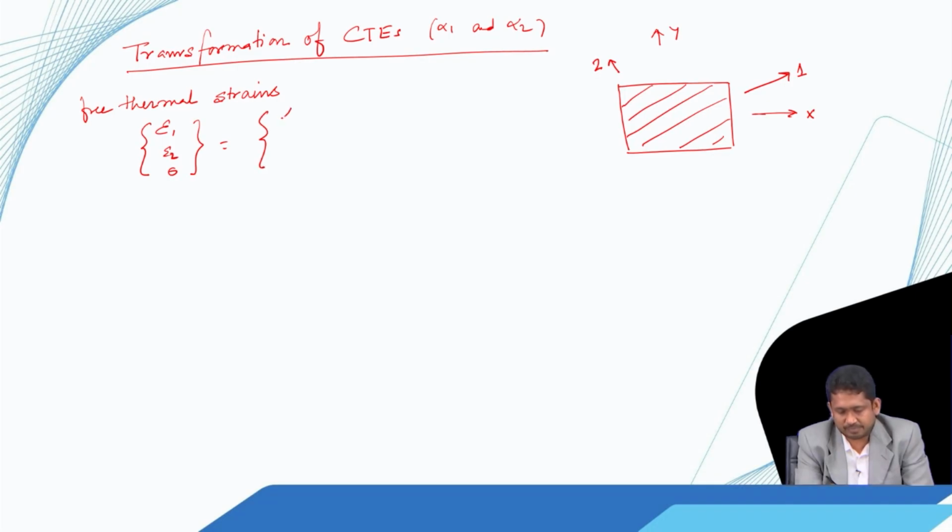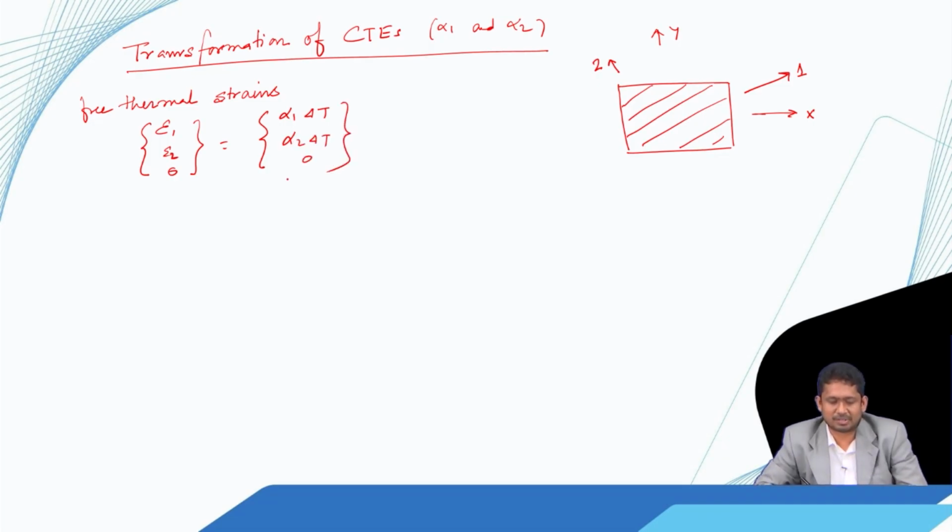So, it is just alpha 1 multiplied by delta T and alpha 2 multiplied by delta T. These are all normal strains. If I just multiply alpha 1 with delta T, I get the normal strain along direction 1. If I multiply by alpha 2 into delta T, I get strain along direction 2, but we do not get anything in shear. But when we transform this, then we will see that shear will also come.